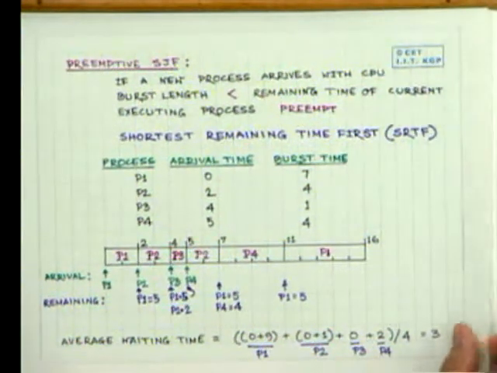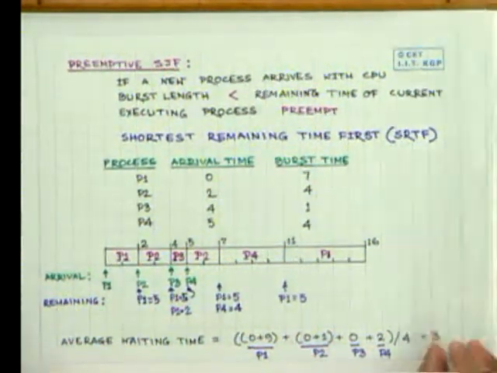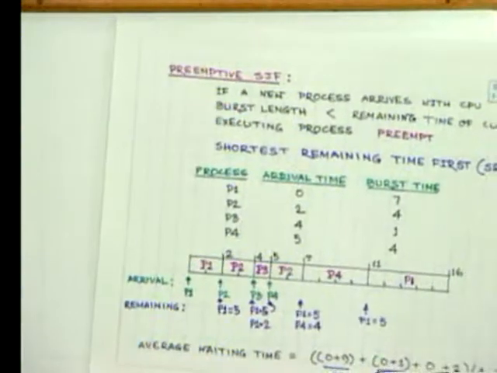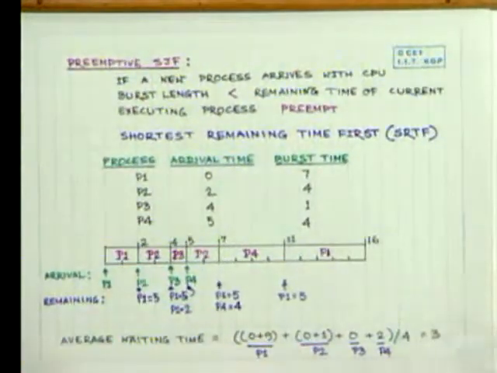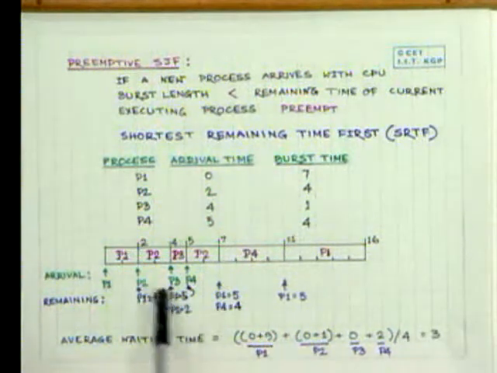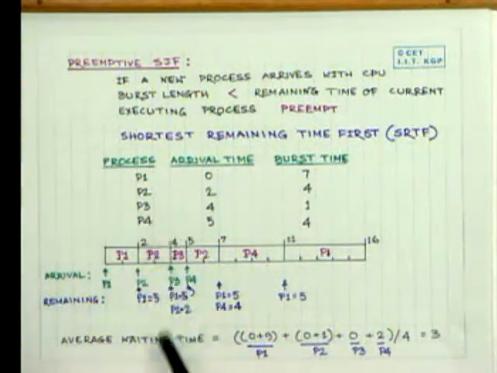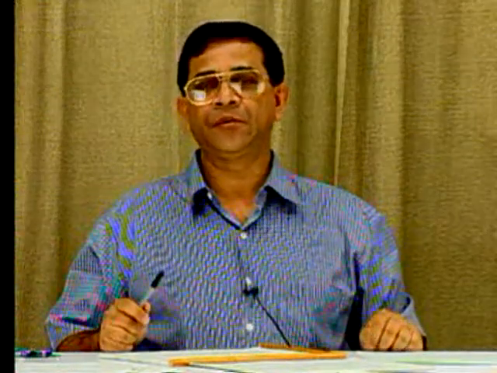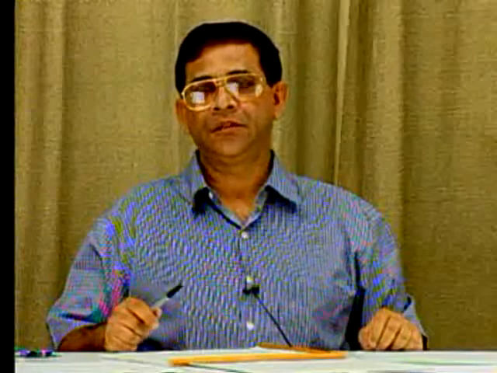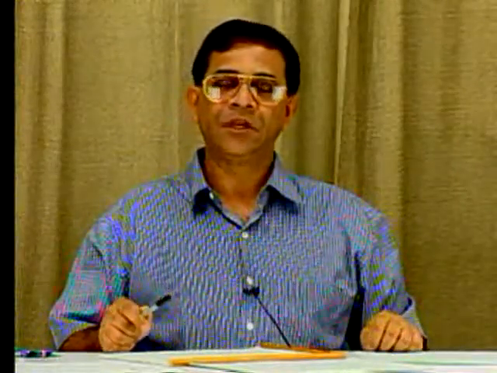Now, once more let me repeat the situation: a process is scheduled from the ready queue depending upon its next CPU burst. Once a process has been scheduled, its remaining CPU burst time is kept track of.